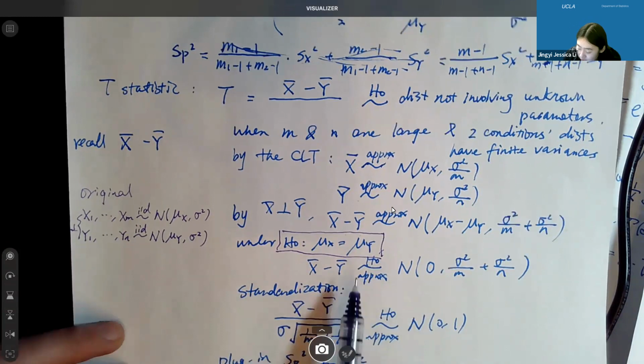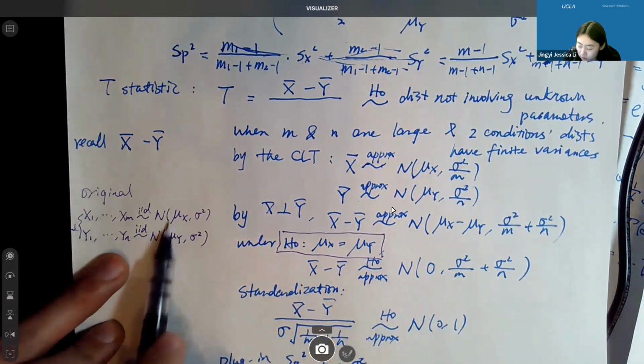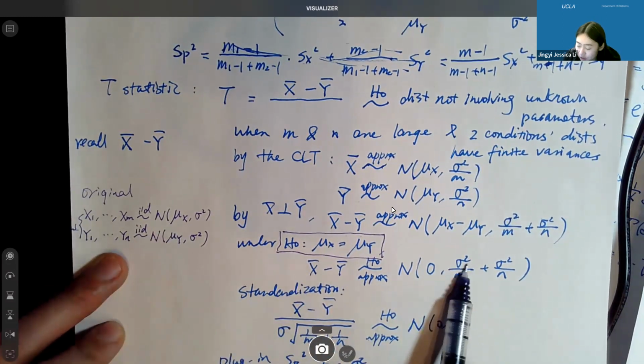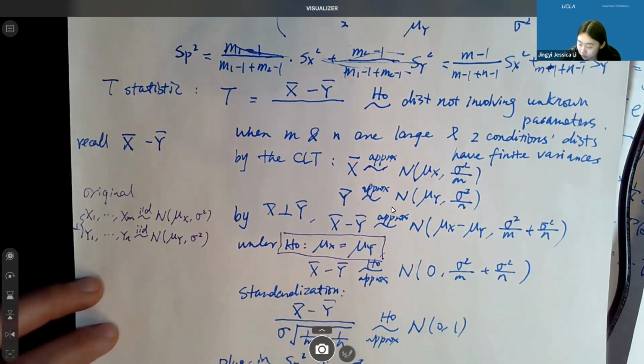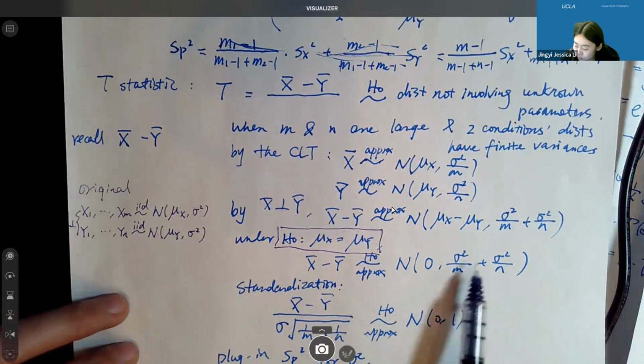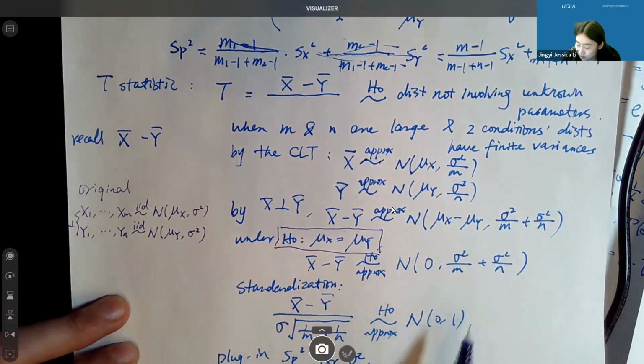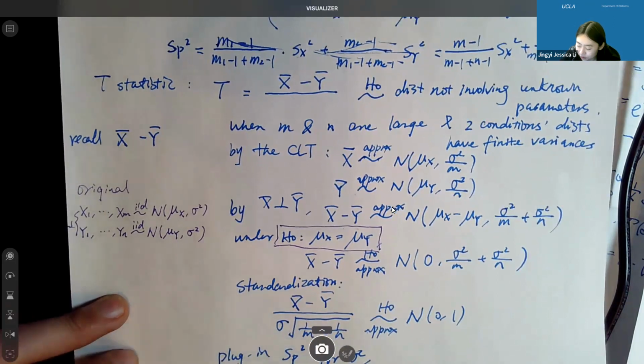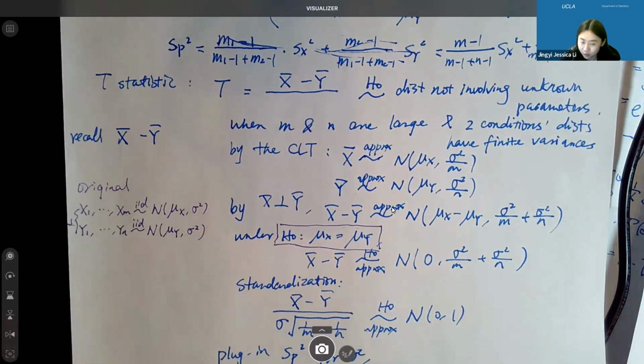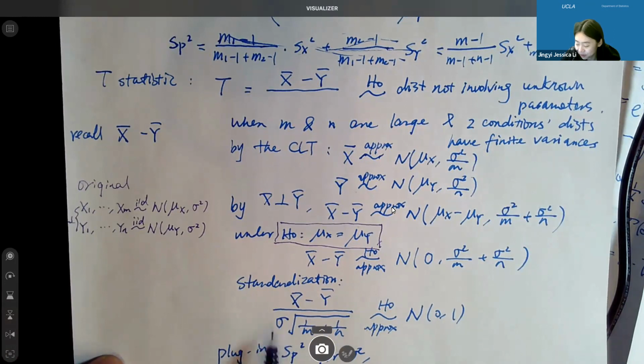Unfortunately, under this normal assumption the distribution has the unknown parameter sigma square involved. To address this issue, our idea is to move this quantity to the left-hand side so the right-hand side becomes a standard normal distribution. But we still need an estimator so that we can calculate the number from the data.